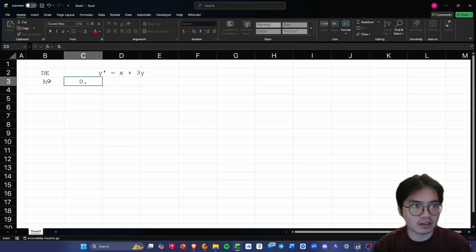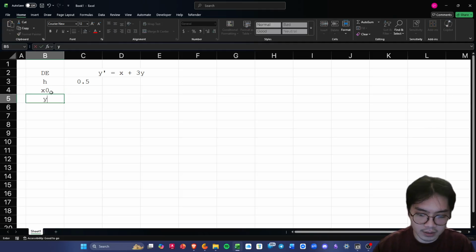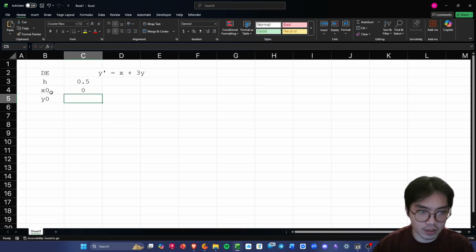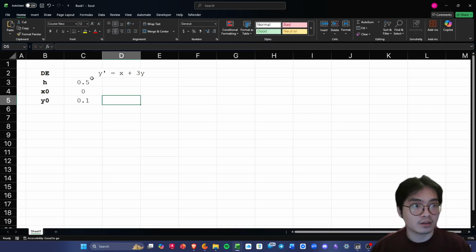Let's just say that is, I don't know, 0.2 or maybe 0.5. We'll see. And then we will have our x0 and our y0 in here: you will have your 0 and then you will have your 0.1. See how these things will take it.